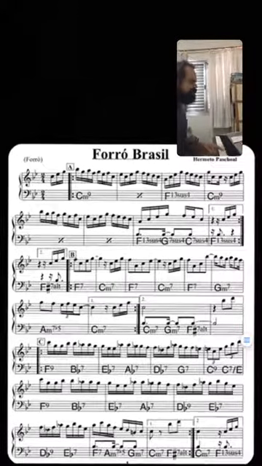The dotted eighth note with 16th note with accents on the 16th. The syncopation.